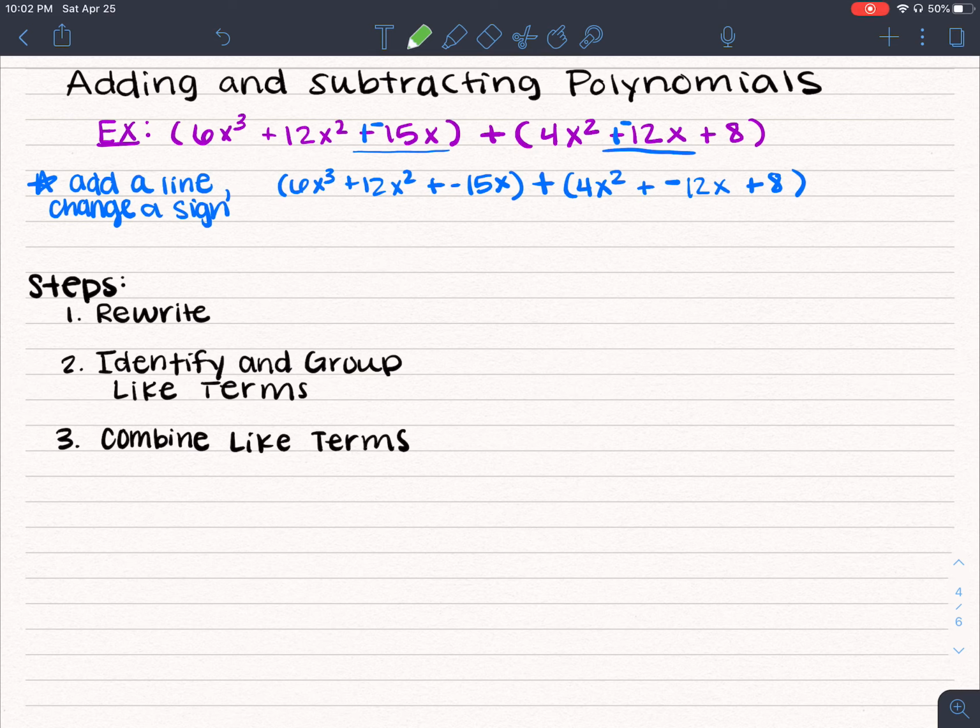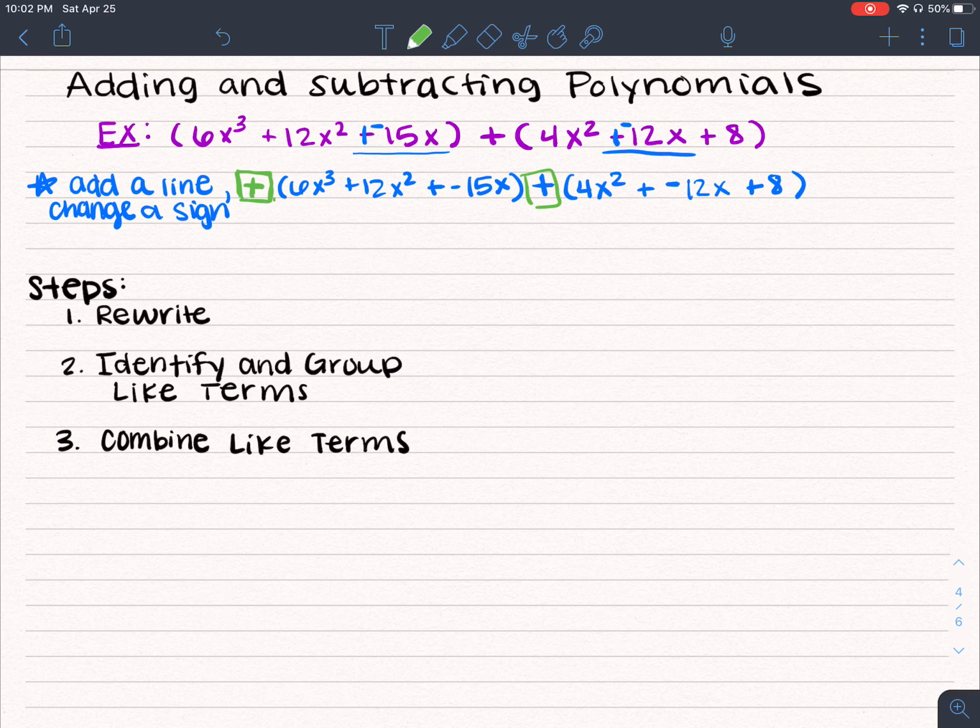All right, so we're taking this and we're rewriting it without the parentheses. So first thing we have to do is find out what sign's in front of our parentheses. So we know for our second polynomial, there's a plus sign, but there's nothing out here in front of our first polynomial, so what can we assume? We can assume a positive sign. So if I have a positive sign, that means I can just drop the parentheses and keep everything with the signs they already have.